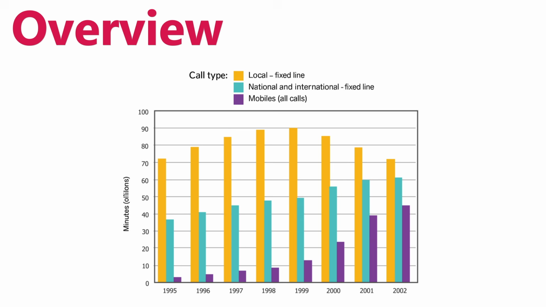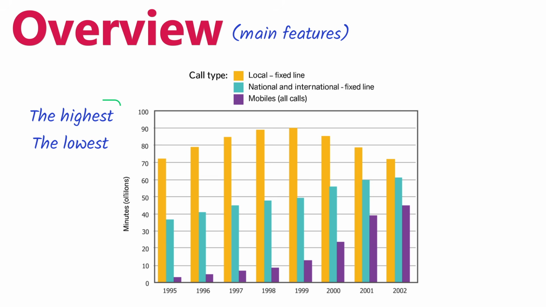As you remember, in writing our overview paragraph, we should write about the most, let's say, striking features of this chart or of this graph. So when you first look at the chart, what is the most striking feature here? So let's take a look at the chart again. All right, first of all, in writing the overview, we must be aware of the highest and the lowest in the beginning of the period and by the end of the period.